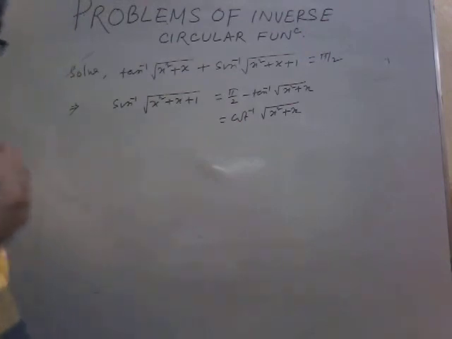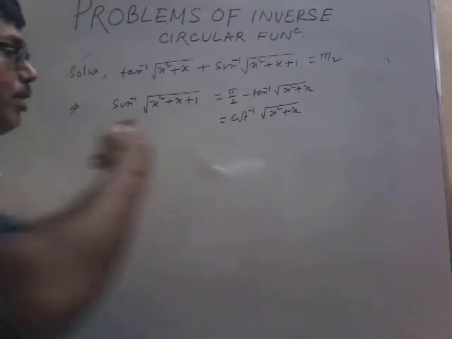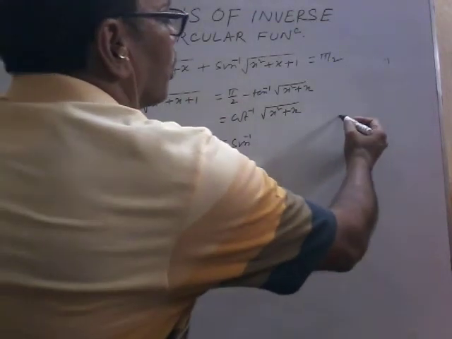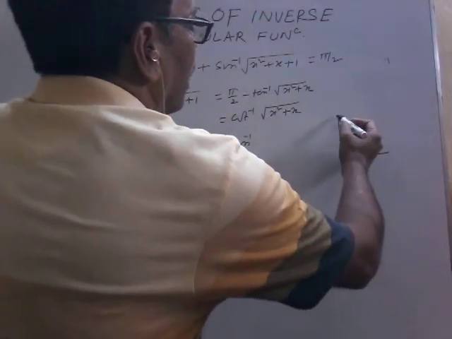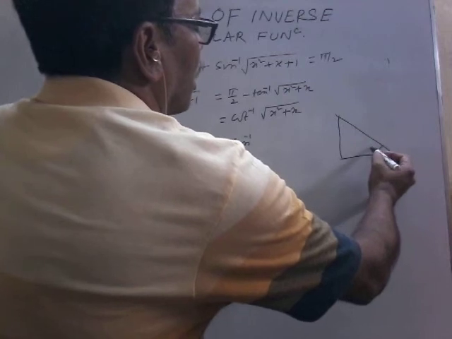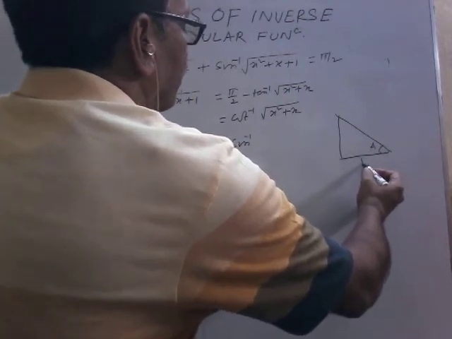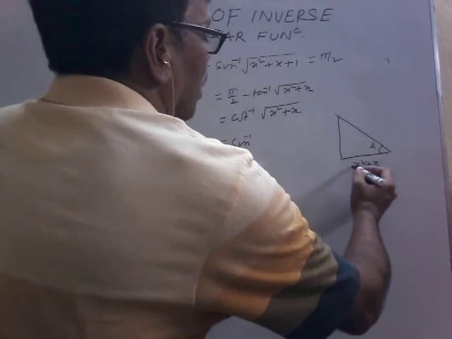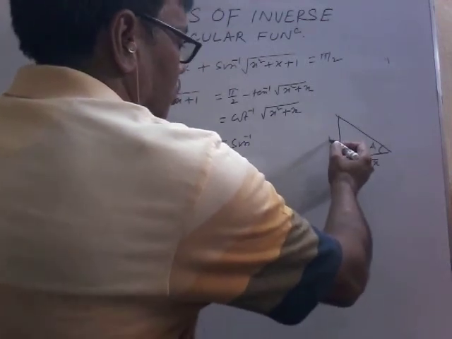Now our main aim will be to express it in terms of sin inverse. So look at the figure. Cot theta is base by perpendicular. What is the base? Root over (x square plus x). This is 1.